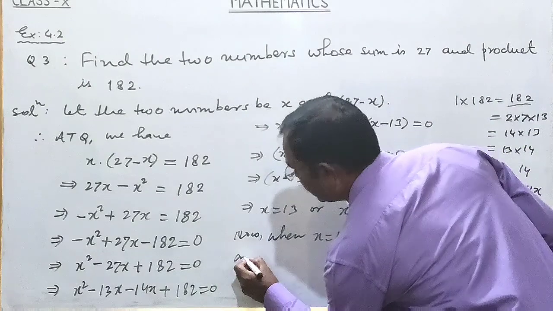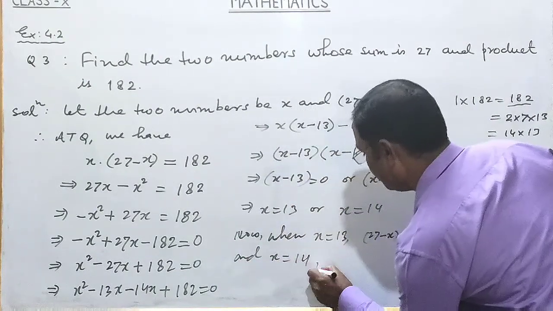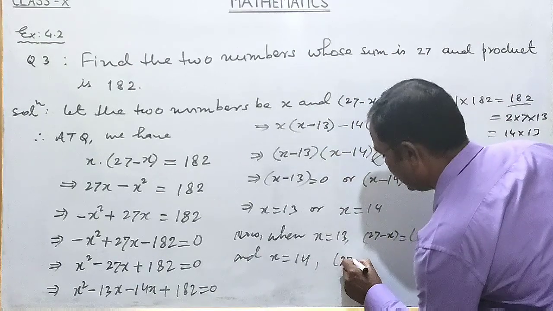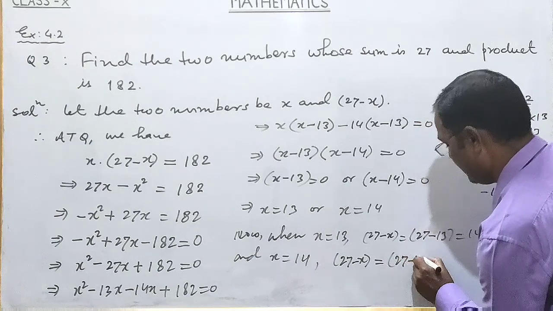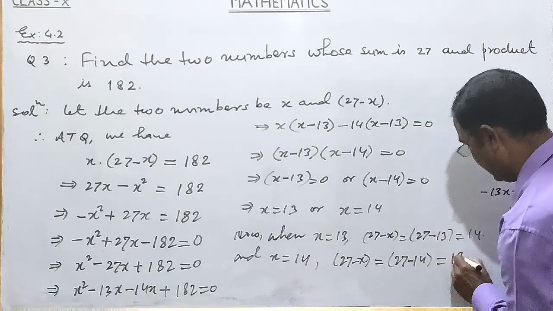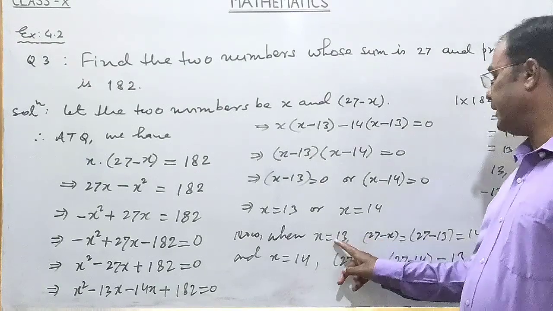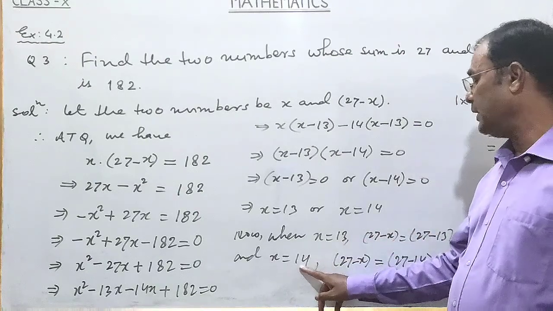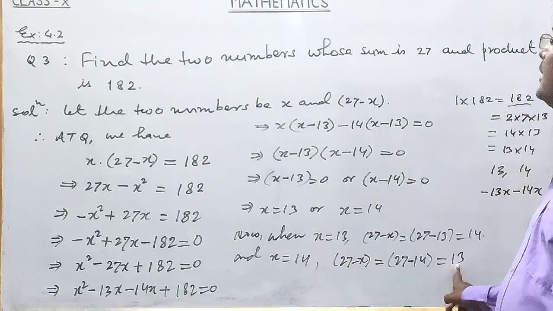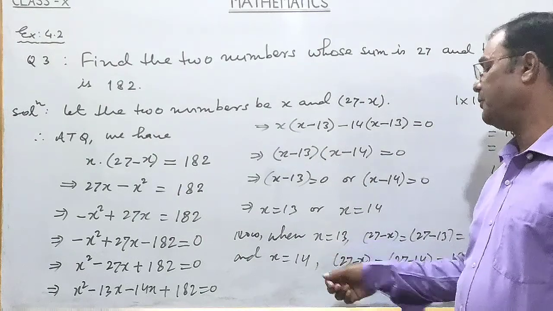And when you take x as first number equal to 14, then 27 minus x as second number becomes 13. So finally two numbers taking 13 as first number and 14 second number, or 14 as first number, 13 as second number, both the numbers we have determined. x and 27 minus x are 13 and 14.